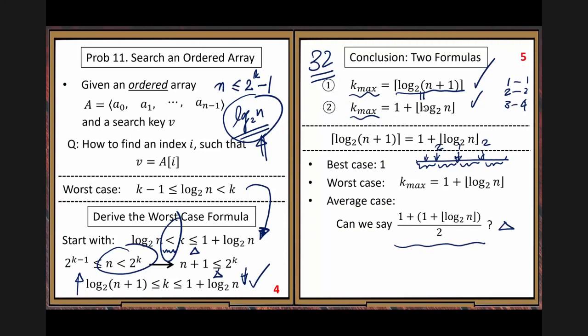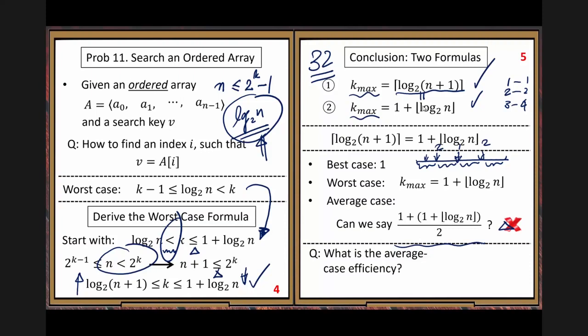So what is the correct way to calculate the average case? Doing the general case of average case efficiency is a little hard.